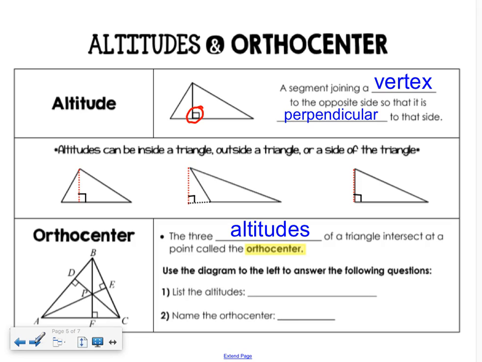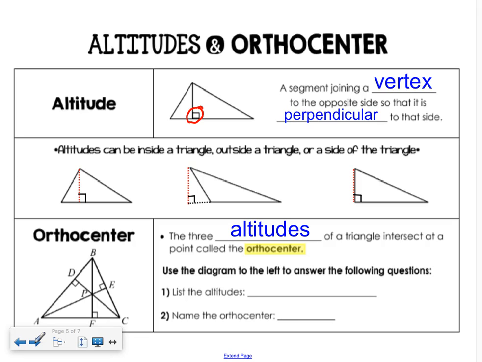If you want to take a second and draw in the altitudes of these triangles here, it's just demonstrating that it can either fall on the inside, like this one, or if you have an obtuse triangle, it actually is on the outside of your triangle. Or if you have a right triangle, it's either side that make up your right angle could be the altitude of your triangle.